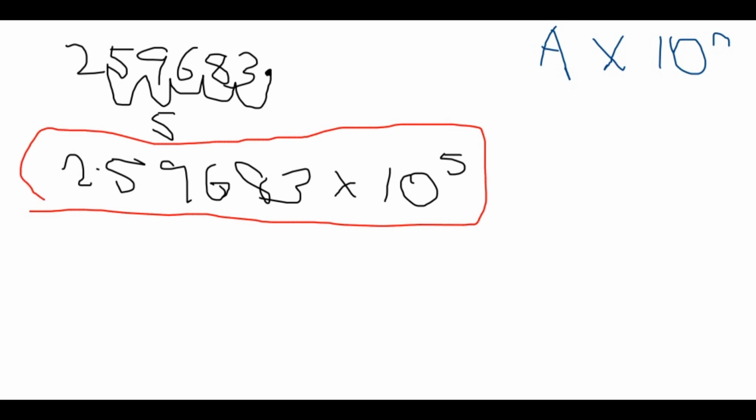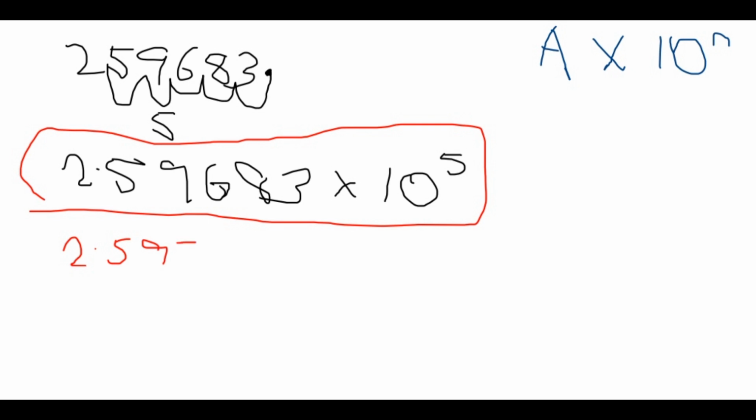259,683. Now, in some cases, you can also approximate the value, making it much shorter. For instance, you can leave it as 2.597.